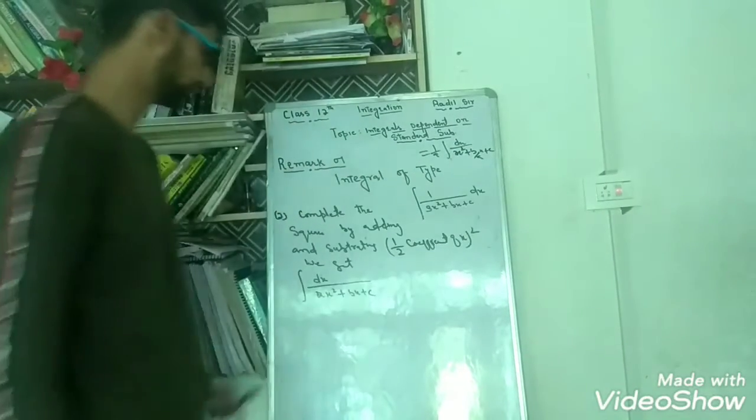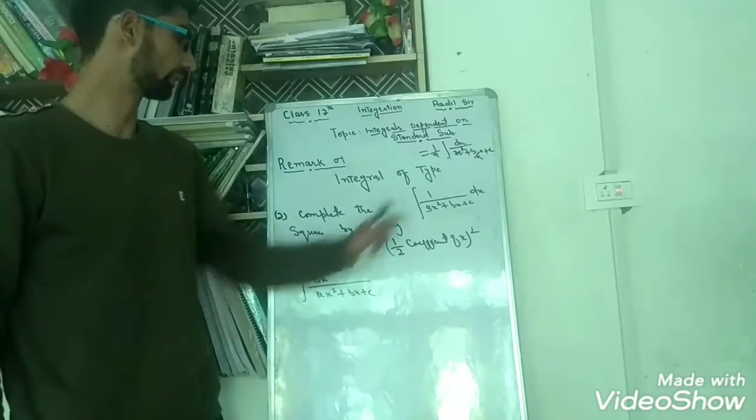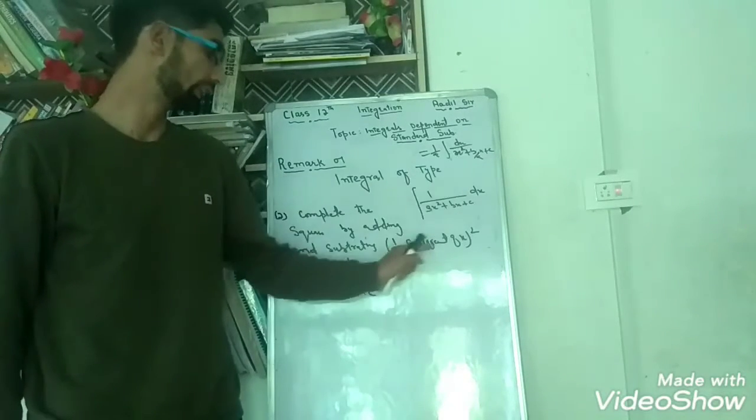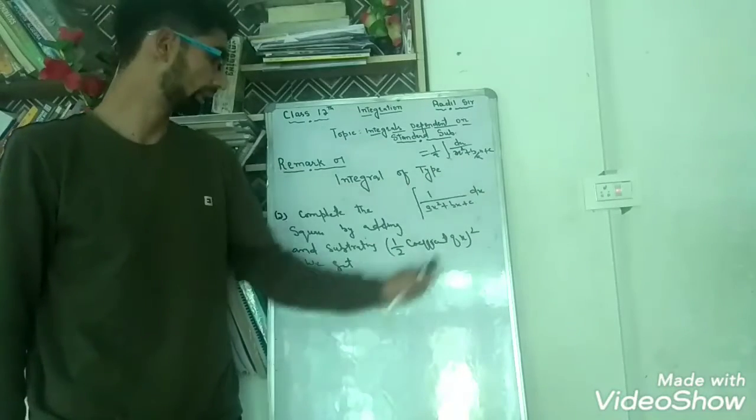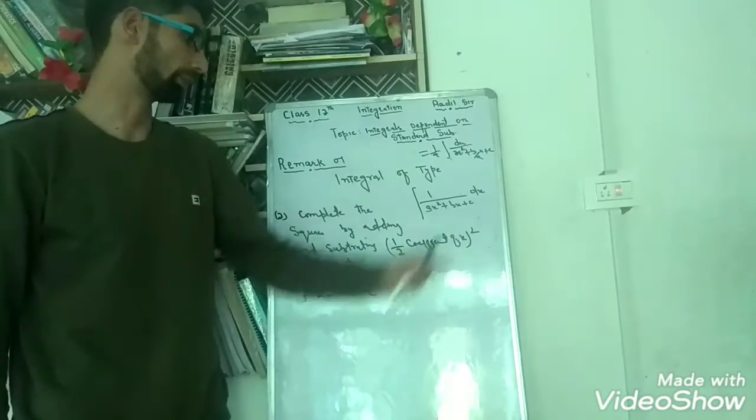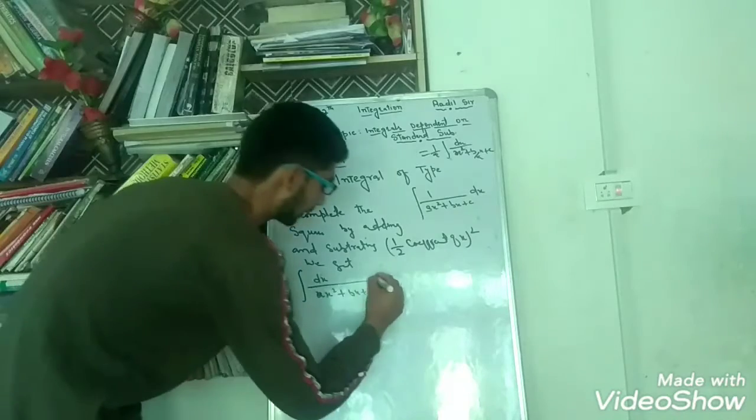Now we have to add and subtract 1 divided by 2 the quotient of x, that is b divided by a, and the square of that very thing.